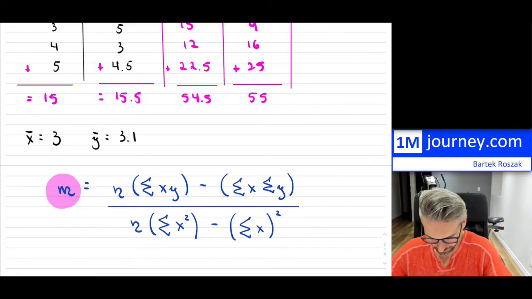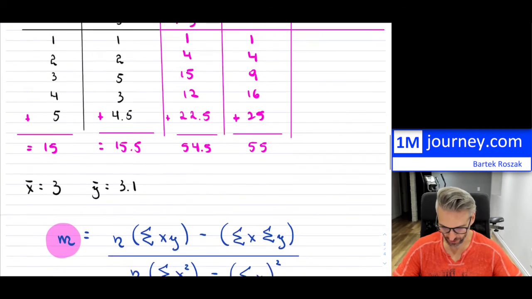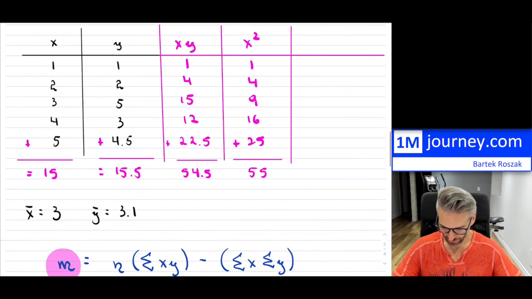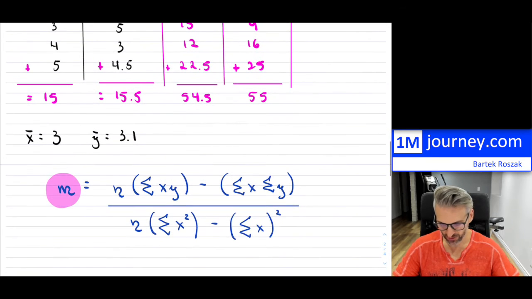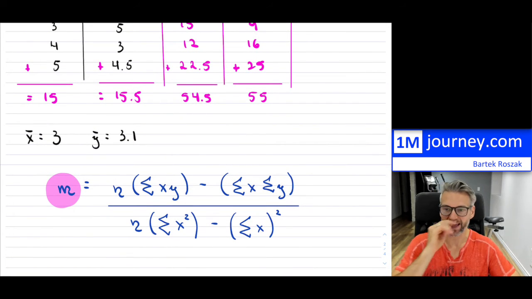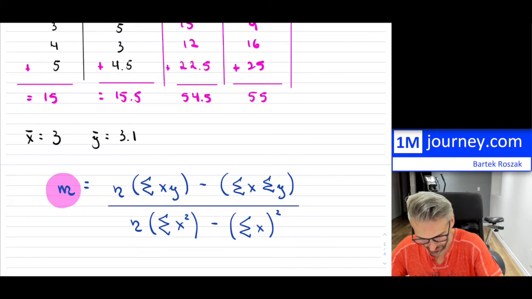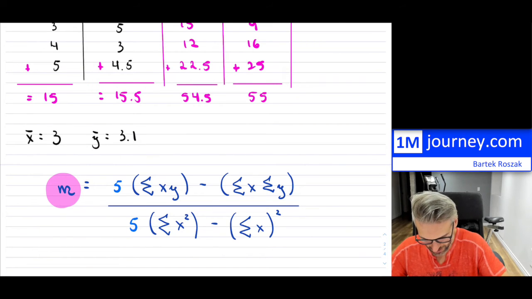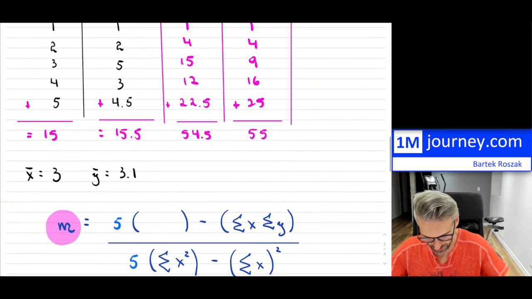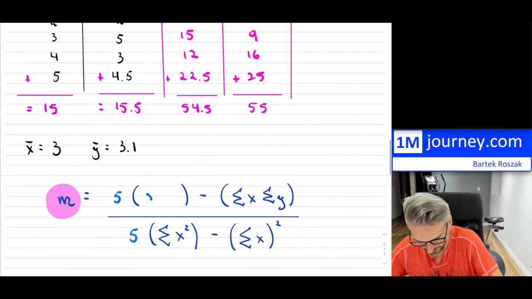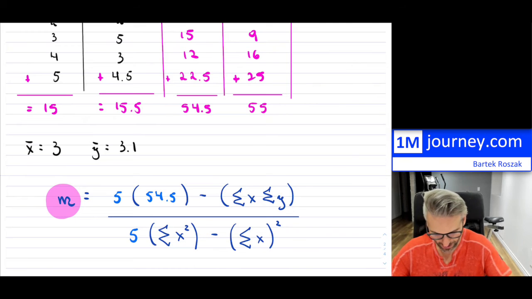All right, so welcome back. So I did that right there. So now I'm going to just substitute it into the formula. So I'm going to try to find out my m. So I'm going to do this one by one. So notice, this is 5. This is also 5. So the summation of x times y, just right above there, that's 54.5.